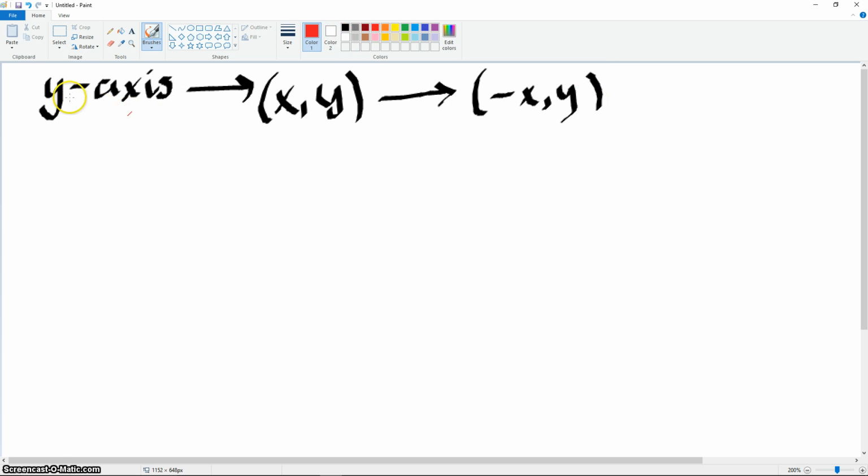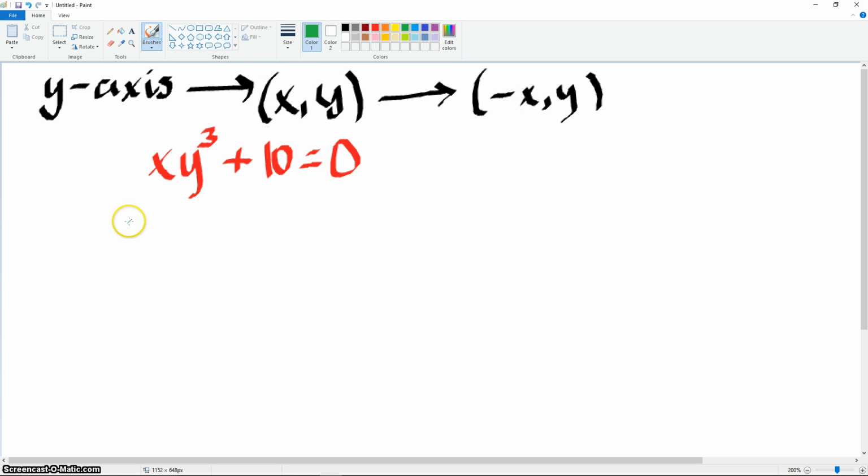Okay, so our equation is x y cubed plus 10 is equal to 0. And let's look at the transformed one, the symmetrical part. We plug in a negative x every time we see an x. So here we go.